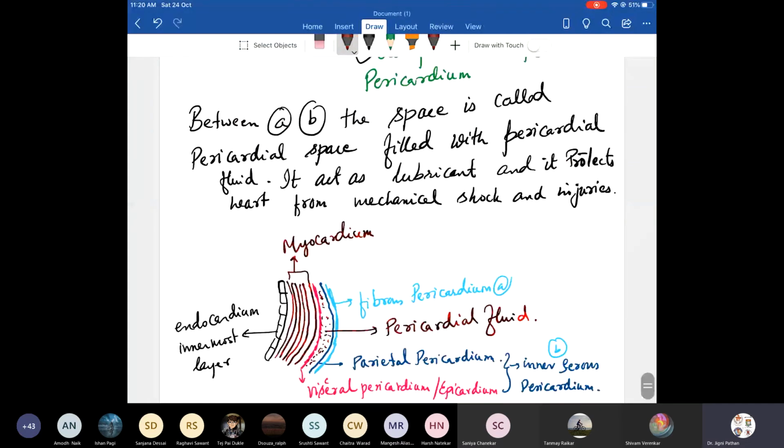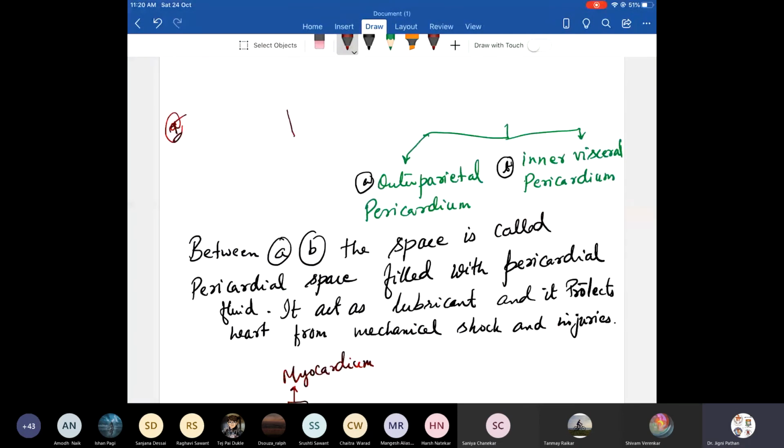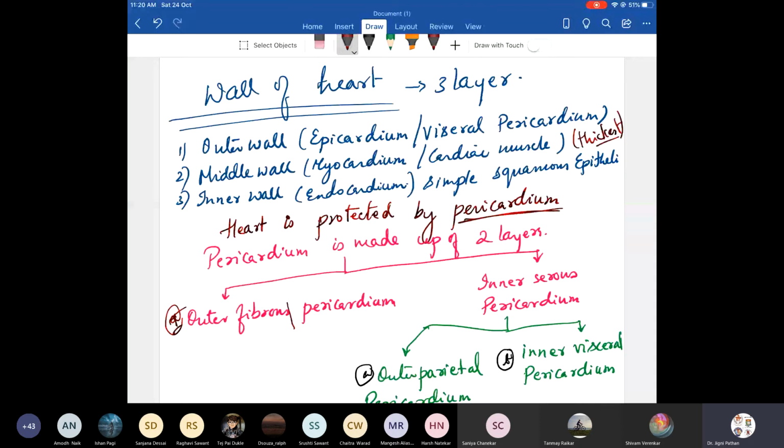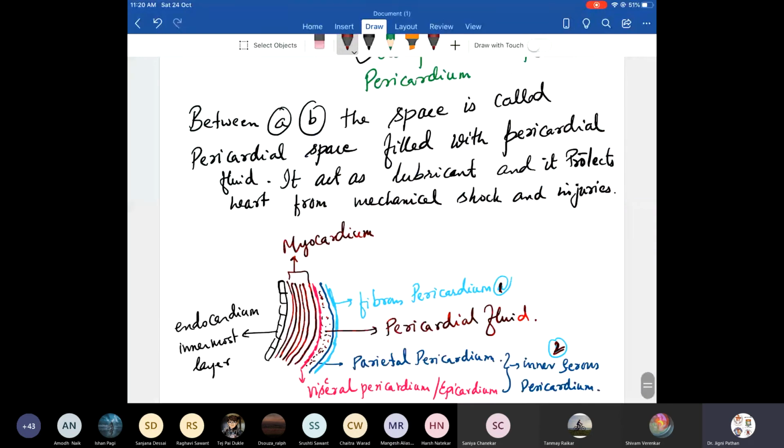Whereas this 1 and 2 together form the pericardium: outer fibrous pericardium, inner serous pericardium. Visceral pericardium and the epicardium are the same.